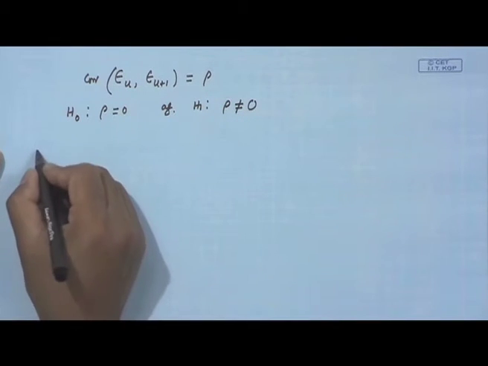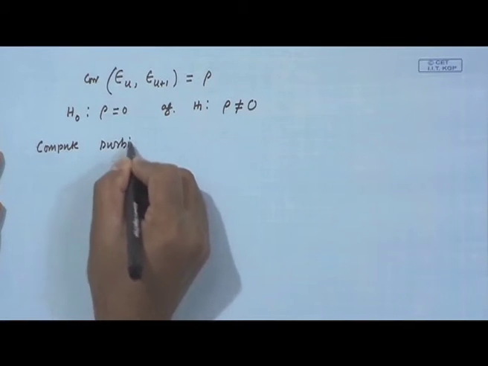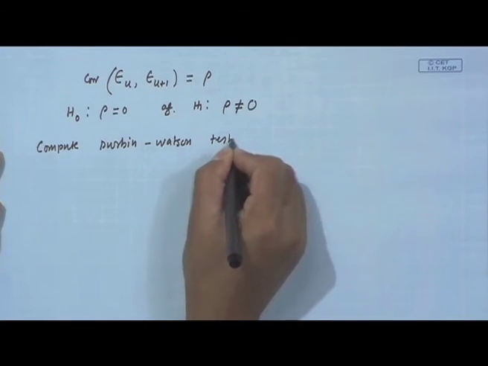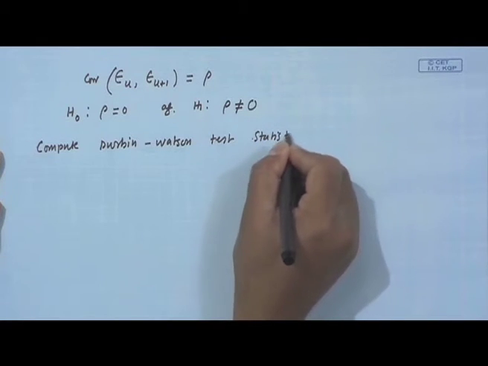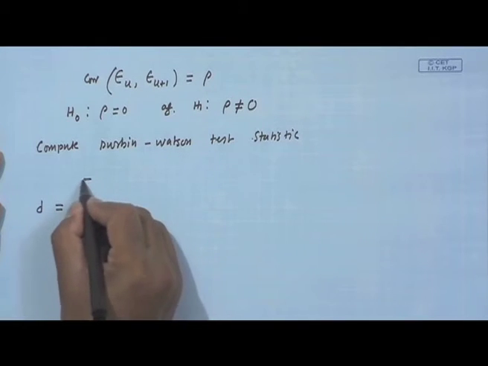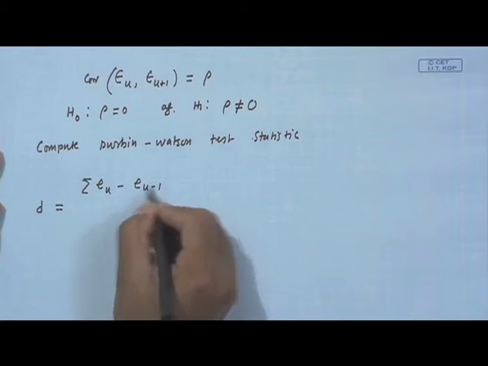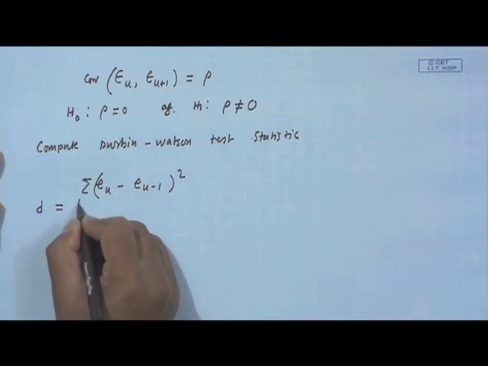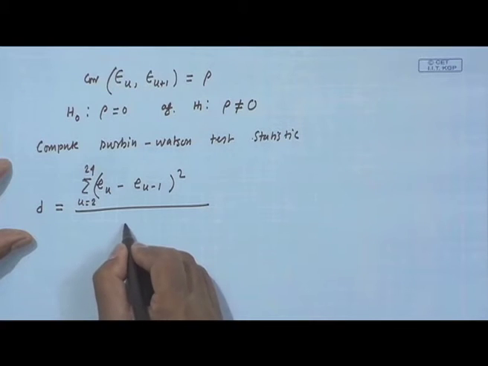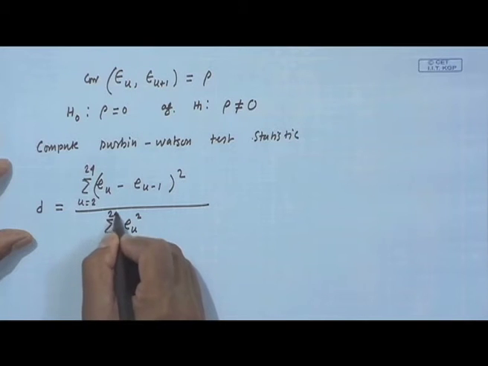So, what we do is compute the Durbin-Watson test statistic. That is D equal to the sum of E u minus E u minus 1 squared, u from 2 to 24, divided by the sum of E u square for u equal to 1 to 24.